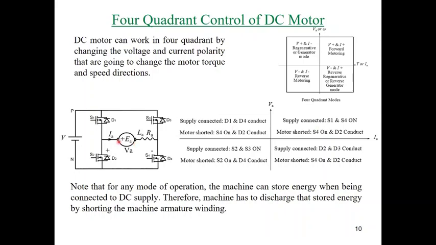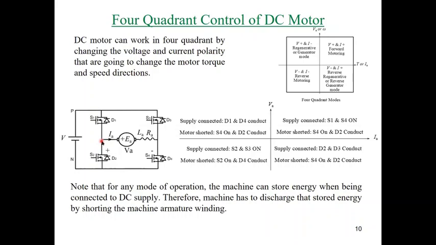This will allow the current stored here to reverse its direction in order to work in regenerative mode and return the energy to the supply. What is the only way to return the energy to the supply? As you can see, if the current is moving in that direction, it can force only D1, because if the current is moving in that direction, it cannot force D2, because the current would be moving from anode to cathode.